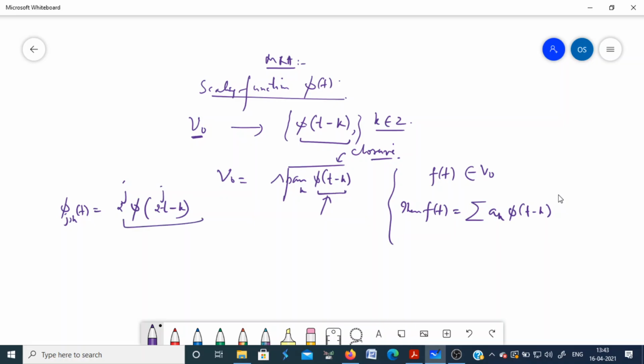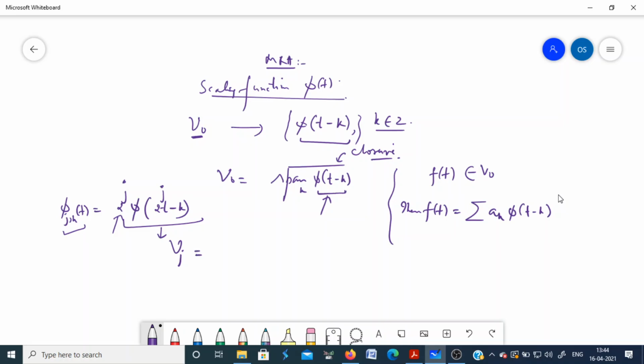Now this we have already done in wavelets. We use this scaling factor of 2 to the j in order to maintain the norm of the scaling function. If you scale this scaling function and translate it, you can generate a space, suppose Vj.